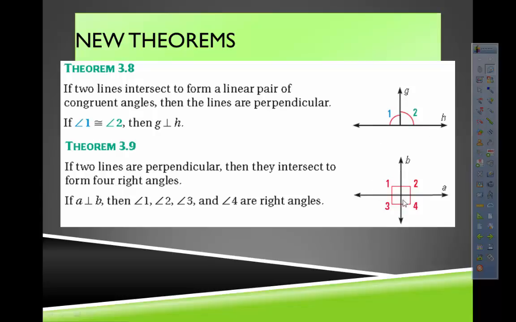This one, we have two lines that intersect, and we just found out from the warm-up problem that those two angles would add up to 90. Well, it shouldn't surprise you too much that those two angles on the bottom would also be 90. So that turns out to give us four angles that are 90. And so all four of these are going to be right angles. Okay, so not surprising.